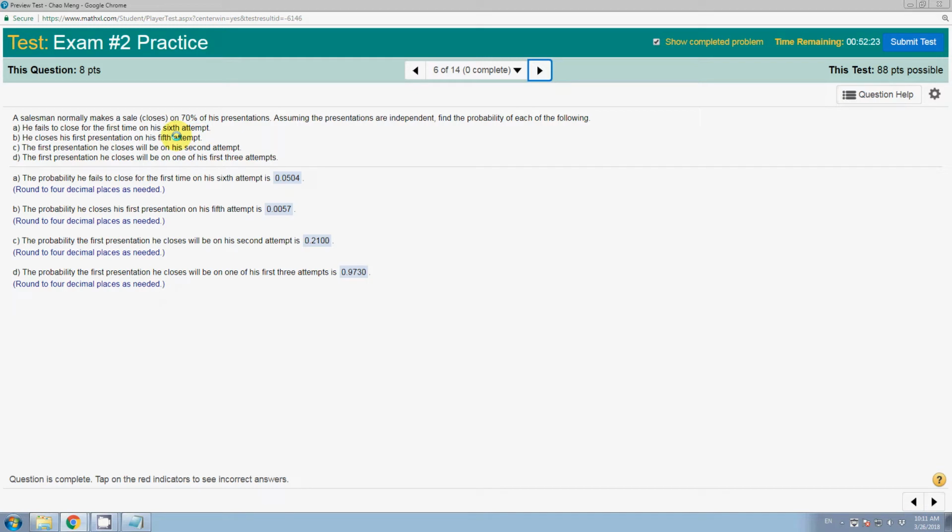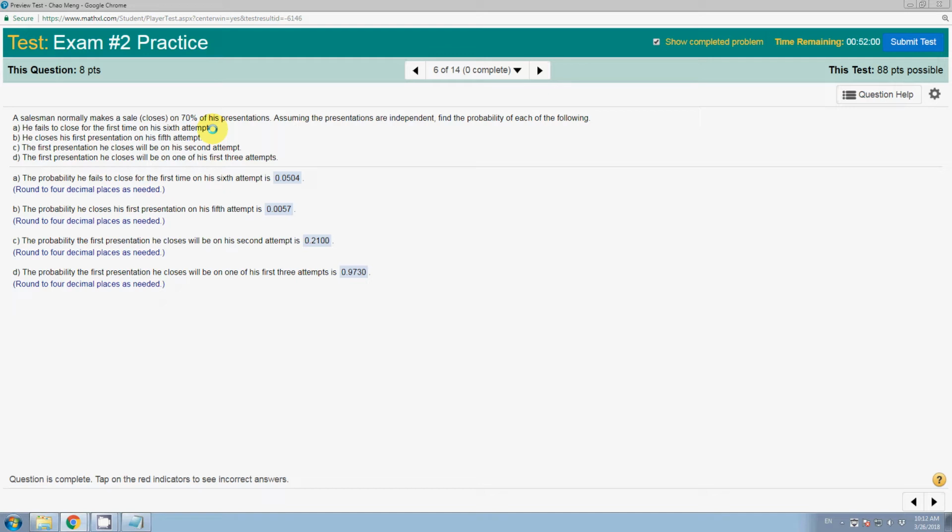So we need to calculate some probability, and when we want to calculate probability, we need to think about which distribution this case follows. After we read this question, we see a keyword, first time.